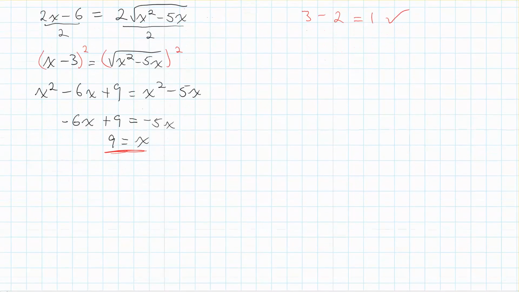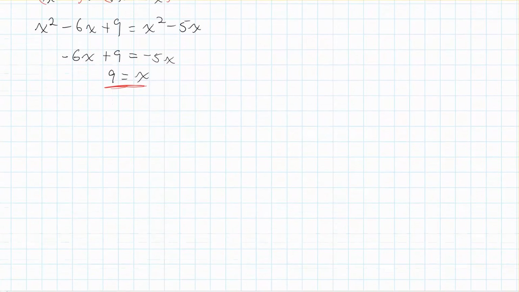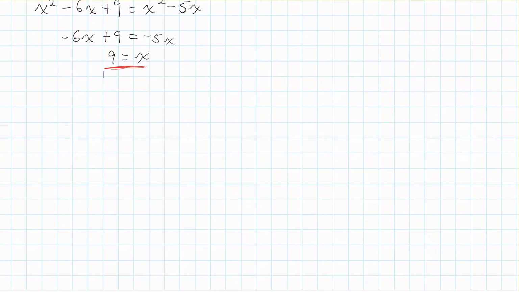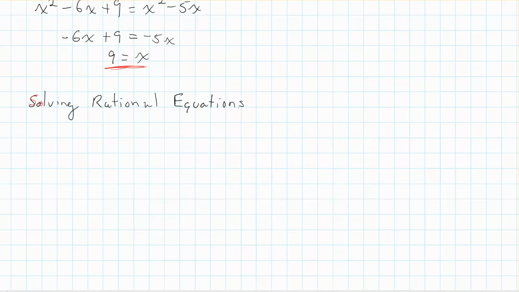So we've got one other type of equation we're going to look at solving in here, and these are solving rational equations. So if I solve a rational equation, it's very similar to what we've done before.